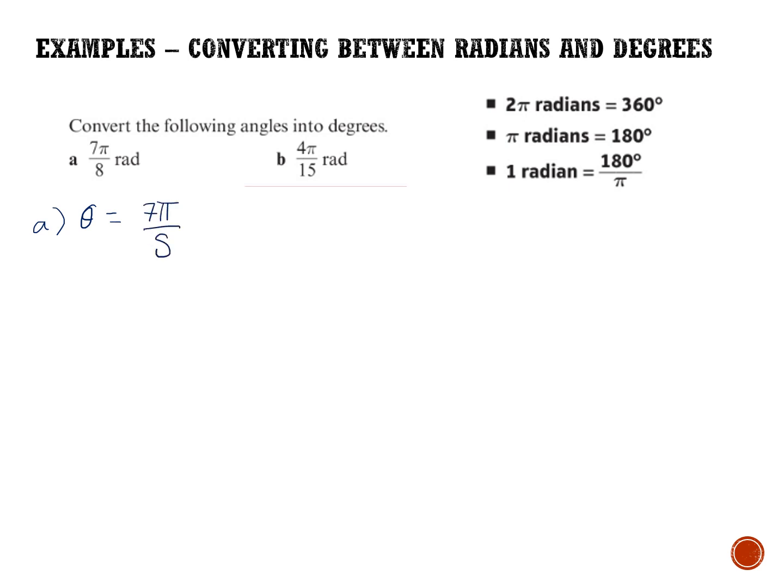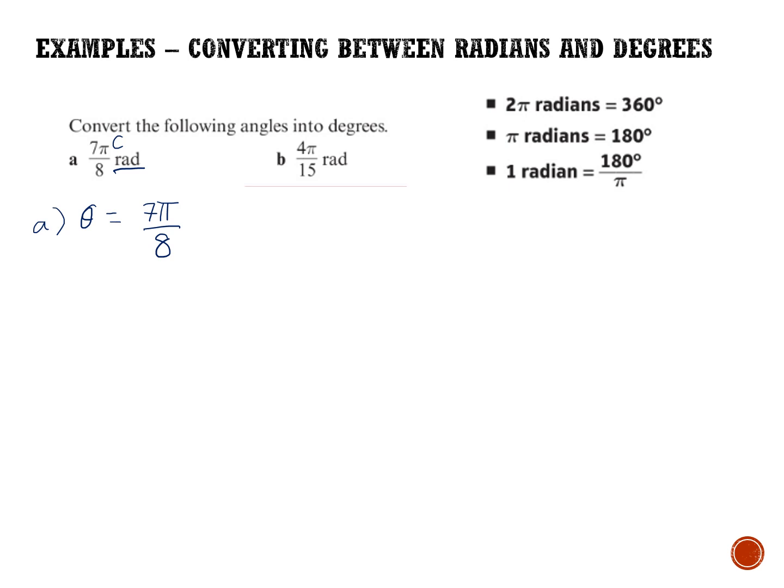You'll hear me saying 7 pi by 8. Notice they've put rad there. If you were giving that as an answer to a question, you would not need to write rad, or the little c either. The reason being, anything that has a pi in it is assumed to be radians, because radians is to do with pi. It wouldn't make sense to have a number of degrees in terms of pi.